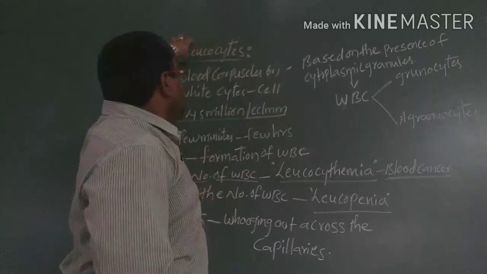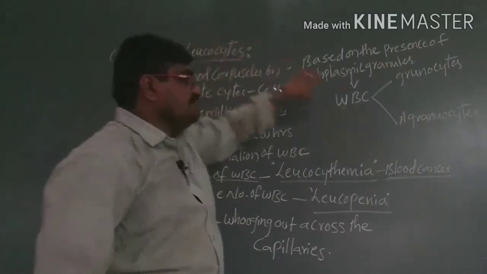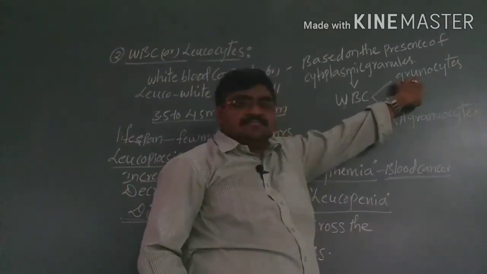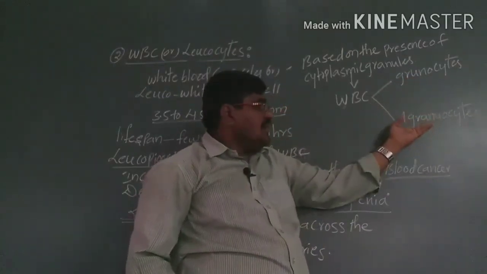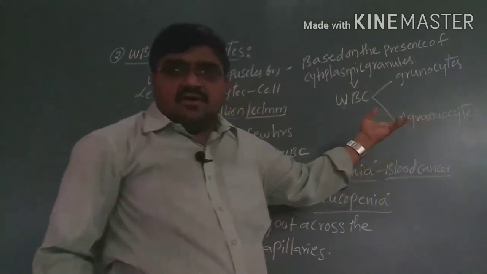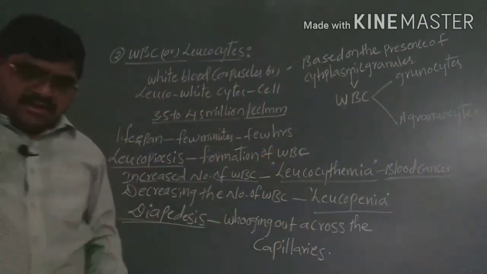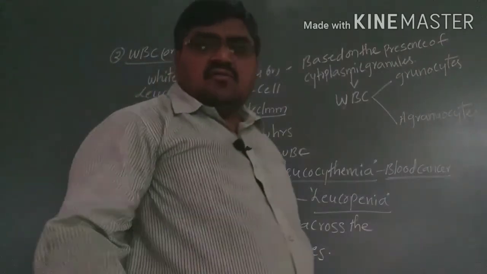The white blood cells or leukocytes are classified into two types. One we call granulocytes, and the second one we call agranulocytes. So what are granulocytes and agranulocytes? Now we'll discuss.